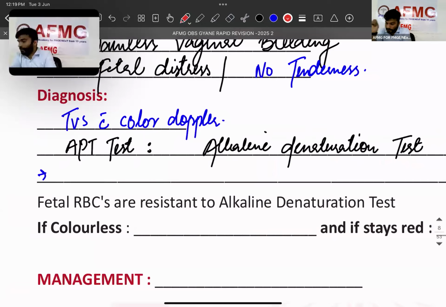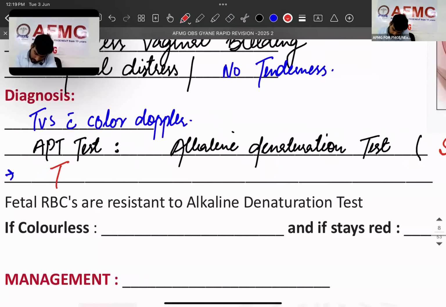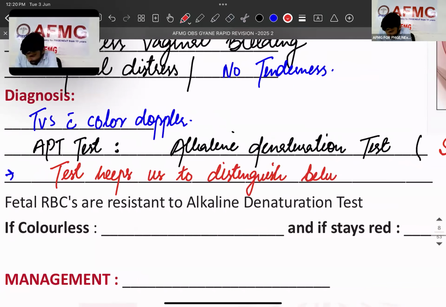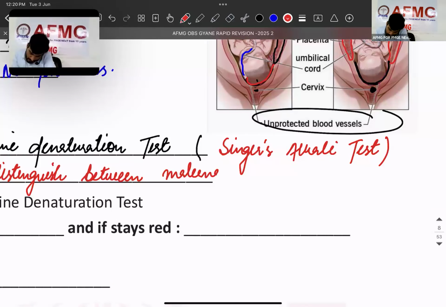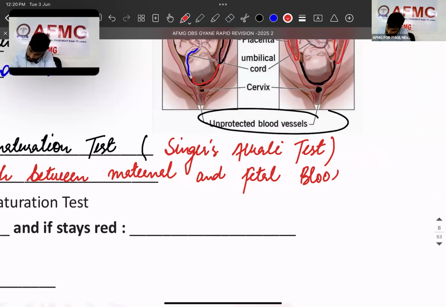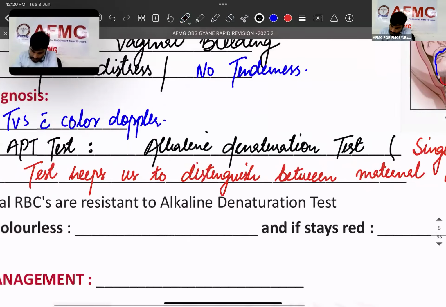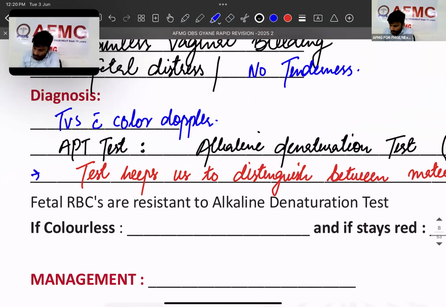If colorless, maternal. Fetal RBCs are resistant to alkaline denaturation.